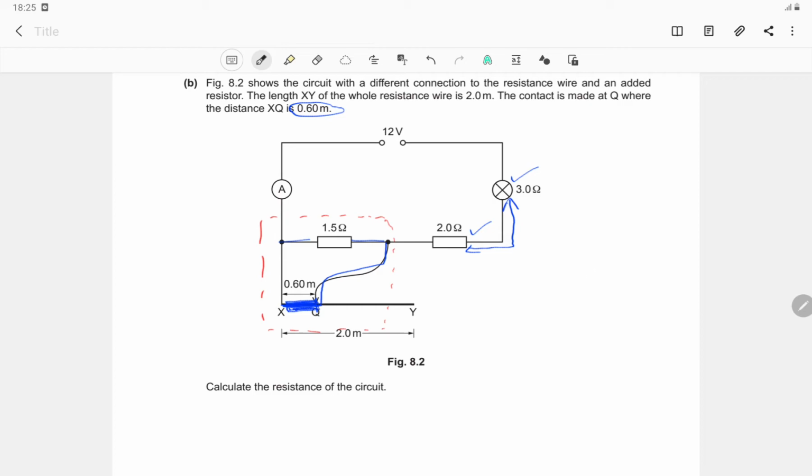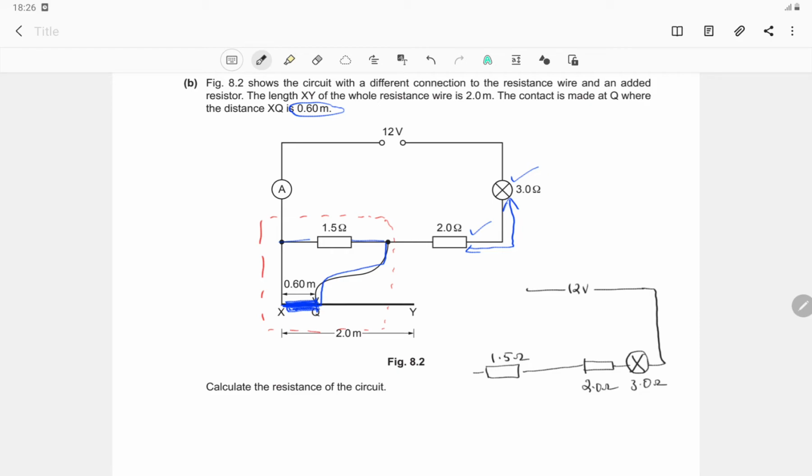So when I draw this in an easier way to understand, here you have a 12 volt supply which is connected to a lamp with a resistance 3 ohm, which is again connected in series with another resistance of 2 ohm, then connected to a 1.5 ohm resistor.